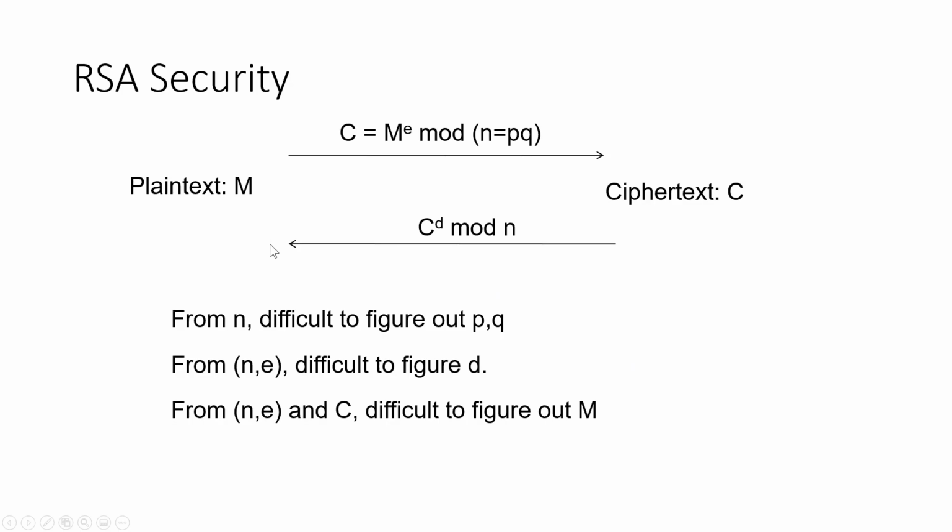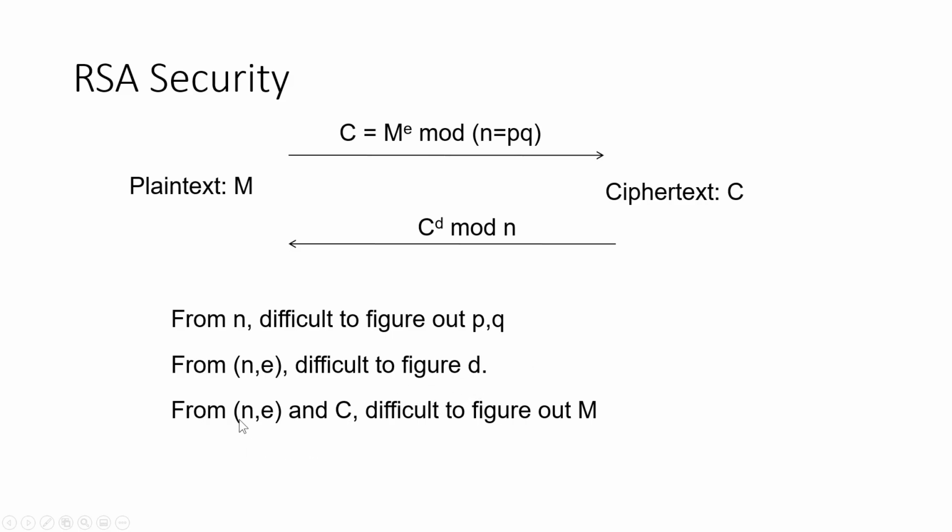RSA is very secure according to these properties. For example, if we only know n, it's very difficult to figure out p and q. If we only know the public key n and e, it is very difficult to figure out d, as long as n is very big, and p and q are very big.